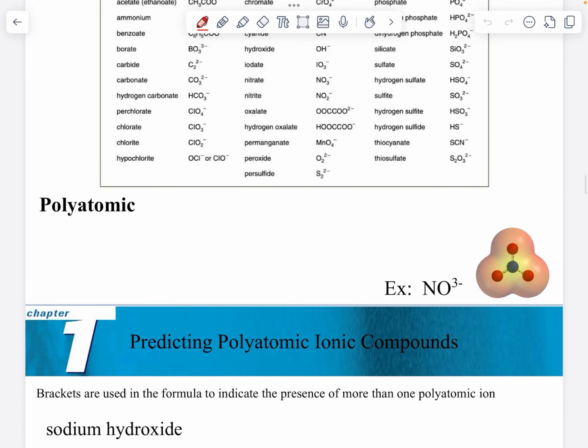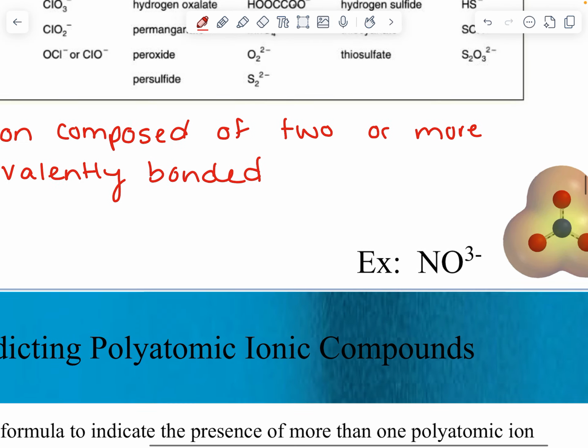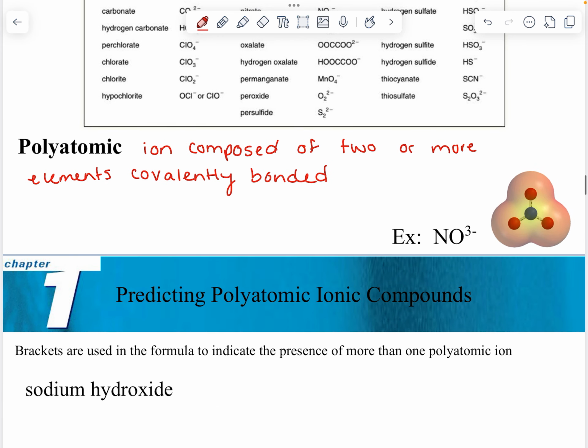Okay, so what a polyatomic ion is, it's an ion composed of 2 or more elements that are covalently bonded with an overall charge.